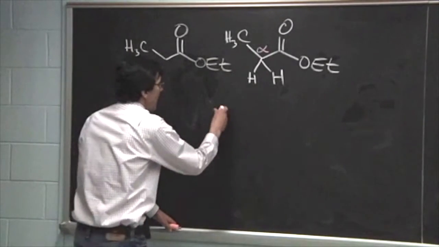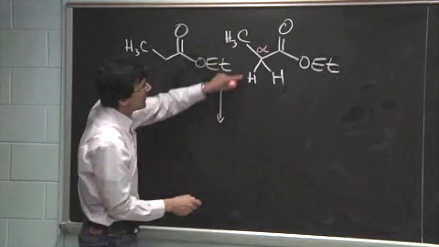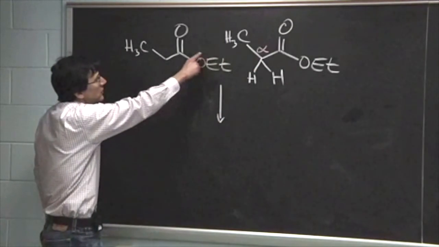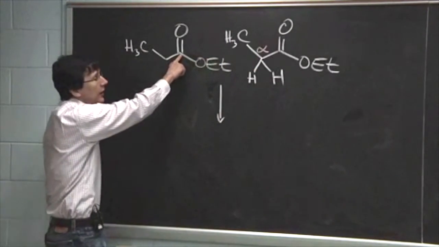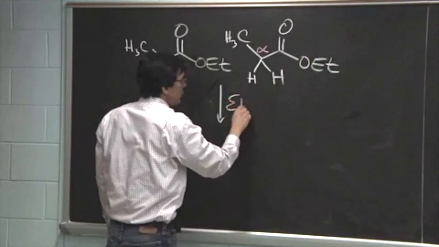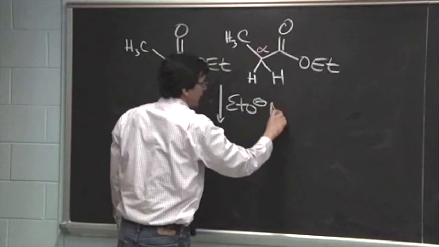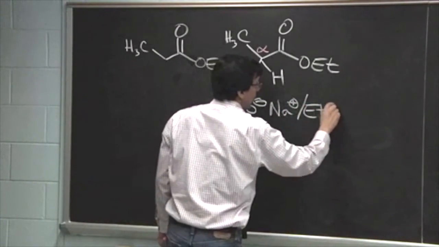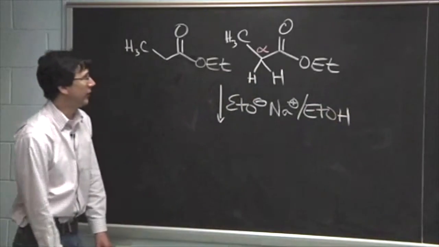And then we're going to need a base because we're going to make an enolate at the alpha carbon. And then that enolate is going to add into the carbonyl of the other ester. And because we're using an ethyl ester, we should use ethoxide as our base. And then we will use ethanol as our solvent.